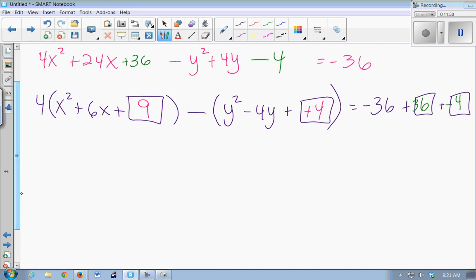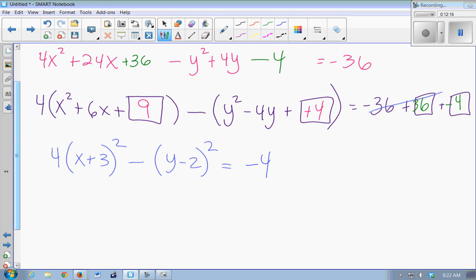All right, so now this factors to 4 times (x plus 3) squared minus (y minus 2) squared. And then -36 plus 36, those cancel, and I'm just left with -4. In the standard form of any conic, except for a circle, but this isn't a circle, the right side is supposed to be 1.